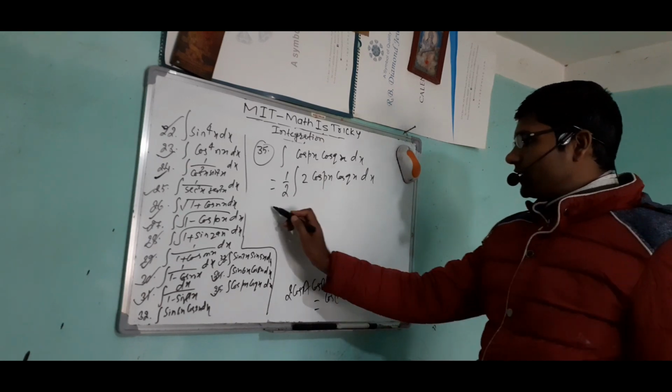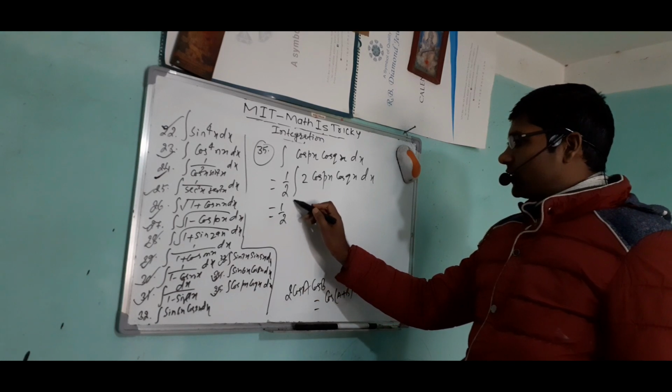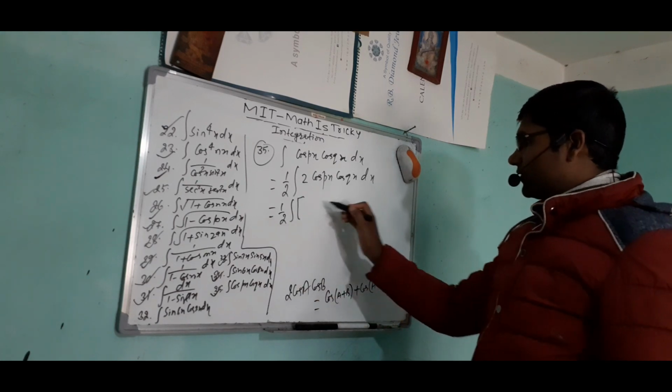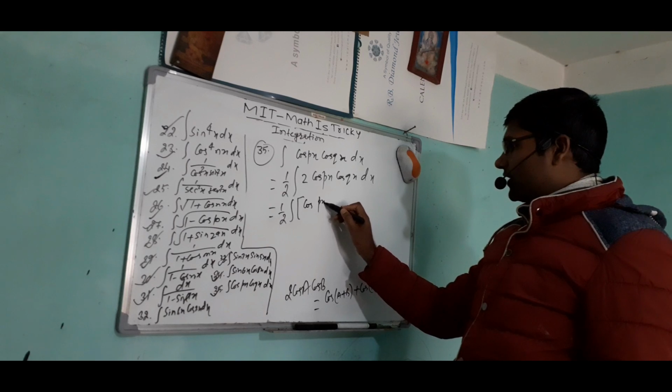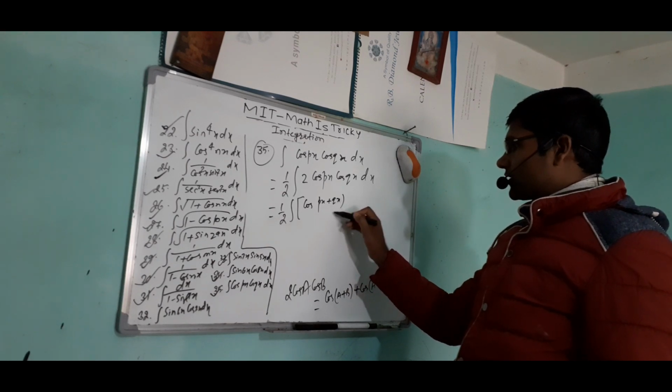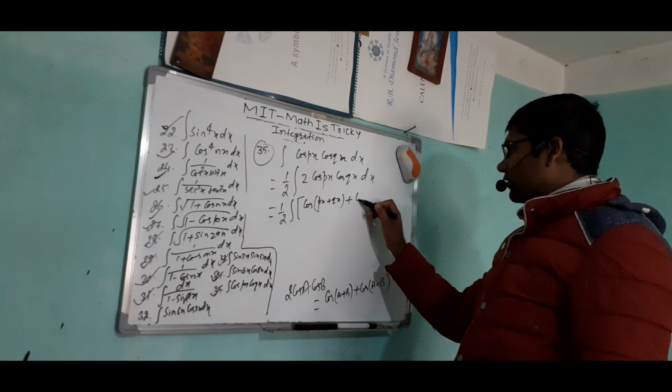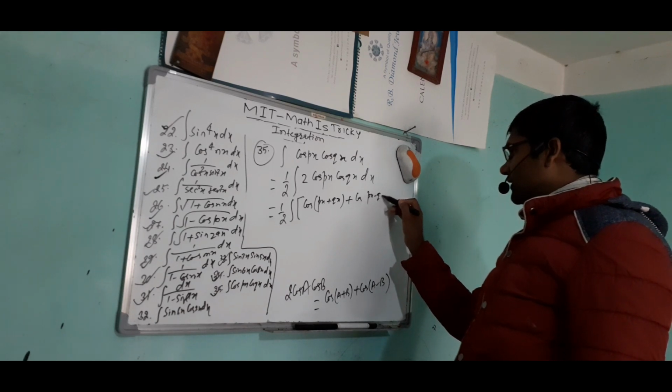By this formula I will be getting 1 by 2 outside, integration of cos a plus b, which means cos (px plus qx), plus cos (px minus qx), dx.